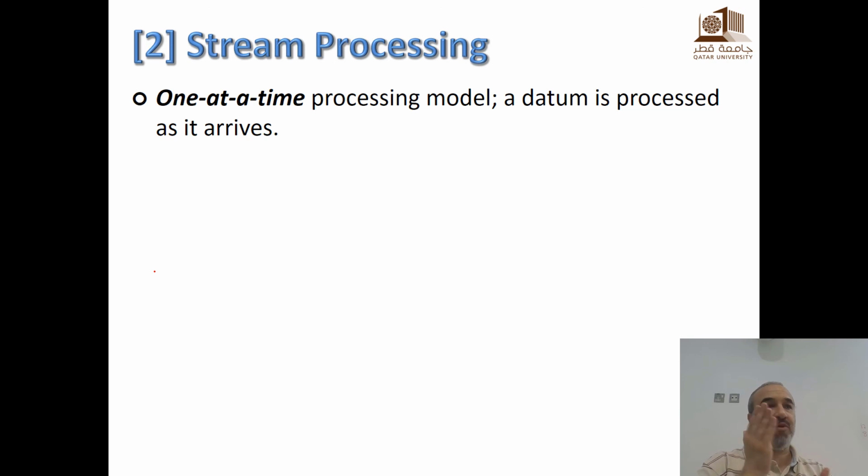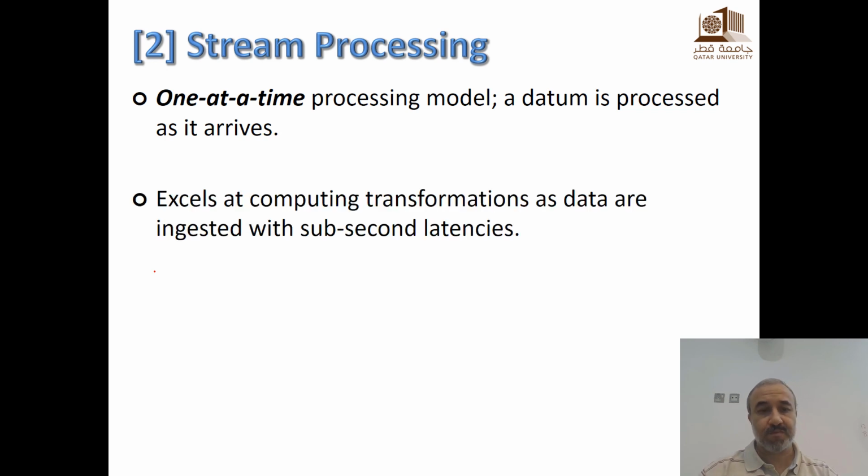Storm, right? We process one tuple at a time as it arrives. So this is one at a time processing, and that's the actual stream processing. Meaning the original meaning of stream processing is to process each tuple or item or datum as it arrives.